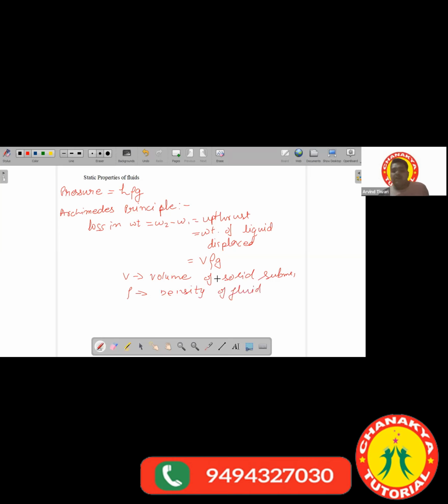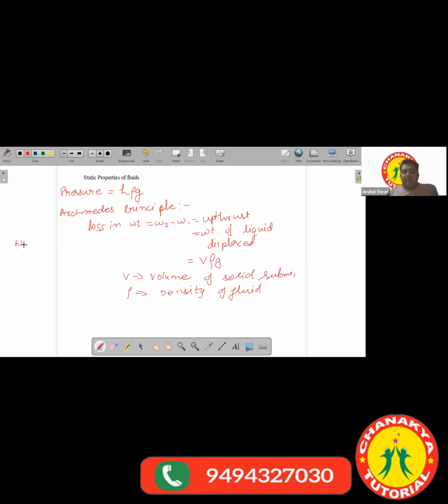If you want to correlate this with the density of the substance, you can do that also. The mass of the substance will be W2 by g, since its weight is W2. Suppose I want to link it, so I can link it some way.